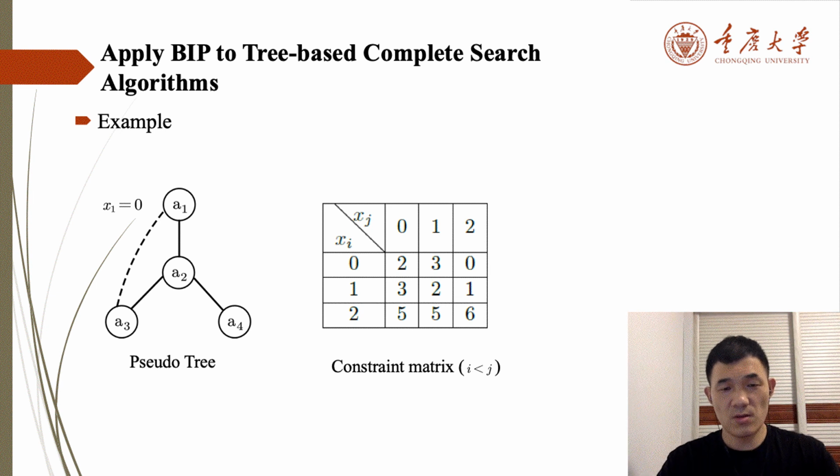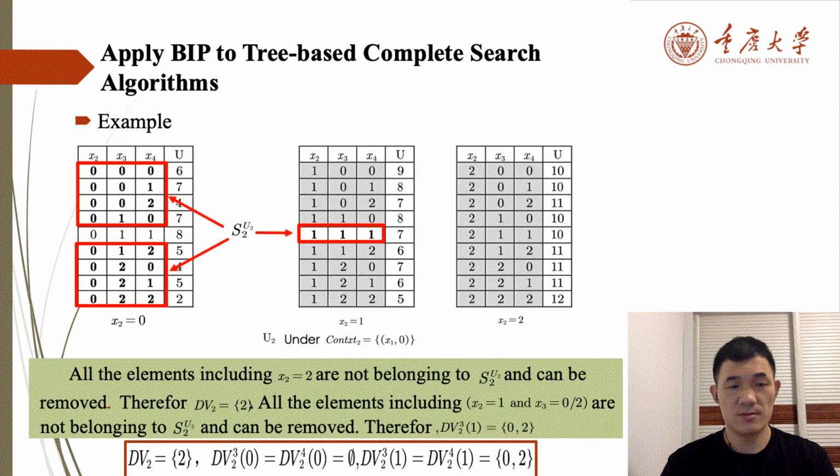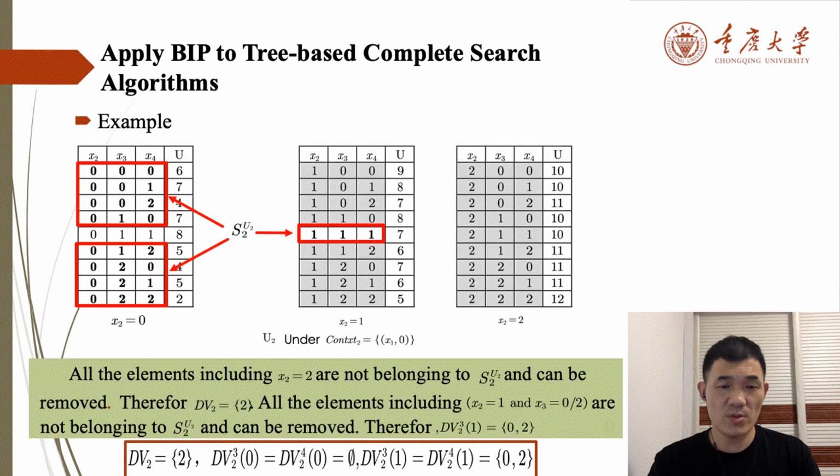Take the DCOP as follows for example, where all the constraints are identical as shown on the right. U2 is shown here. All the elements in S2^U2 are highlighted in bold. All the elements including x2 equal to 2 do not belong to S2^U2 and can be removed. Therefore, dv2 equals 2.